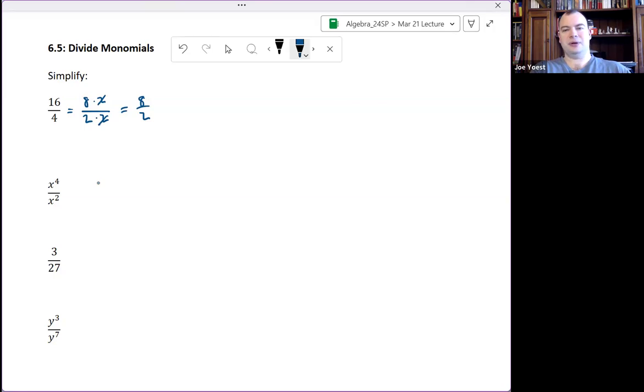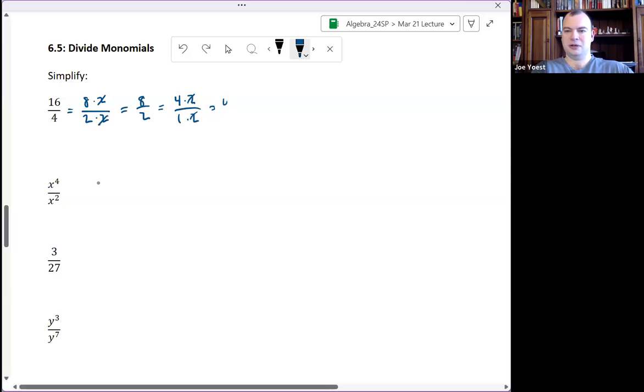And then I could repeat the process. Do I see another common factor between the numerator and denominator? Well, 8 is 4 times 2. And in the denominator, sometimes what I like to do is write a 1 times 2 so that I can divide these out, and I get 4 over 1, which is 4.